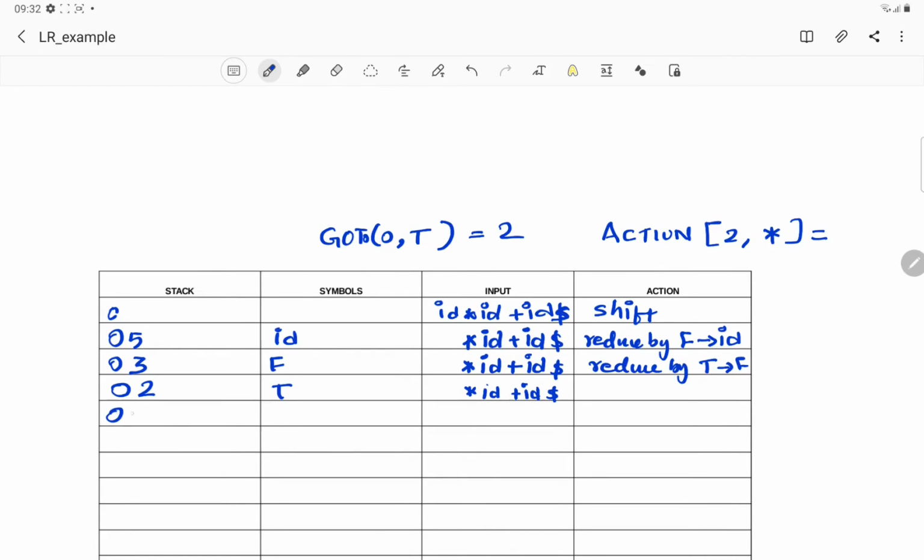So we'll have 0 to 7, and here this will be T, then star. T star. So here the input will be id plus id dollar.